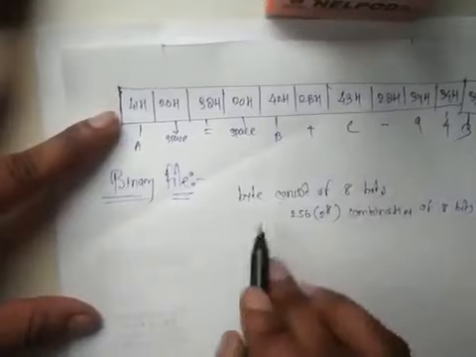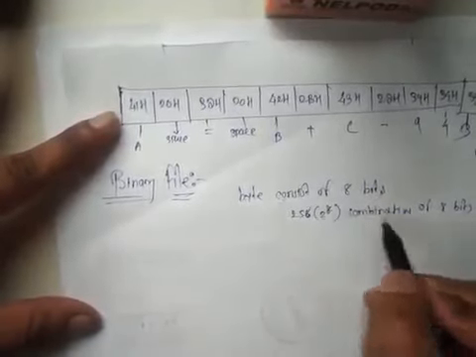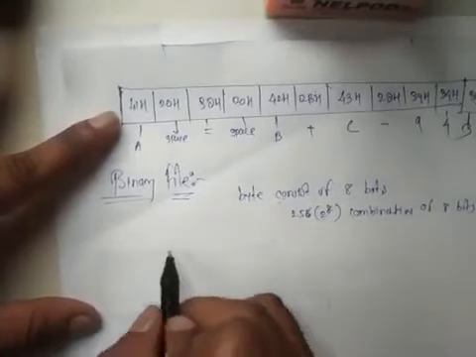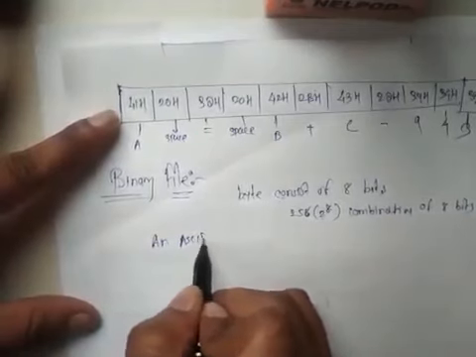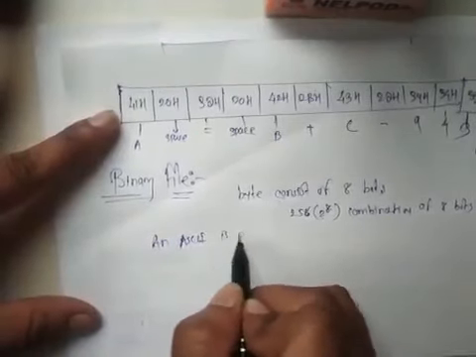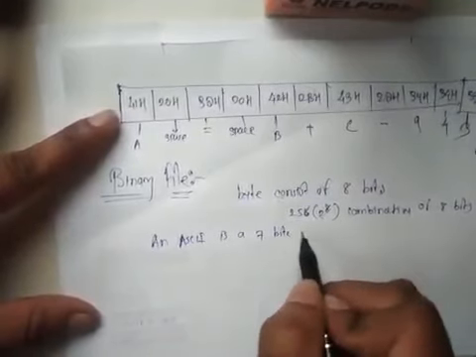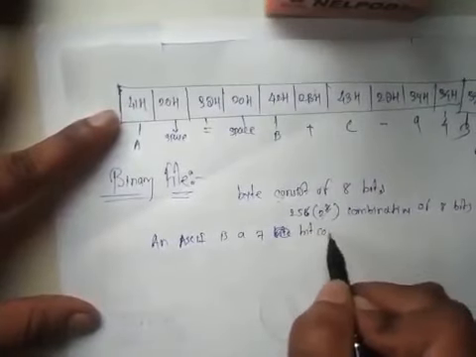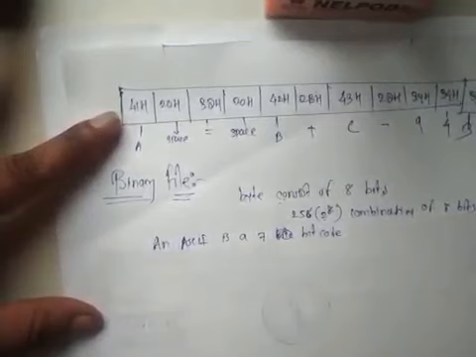So we can have 2 raised to 8 combinations of 8 bits, and ASCII is a 7-bit code represented in 8 bits.